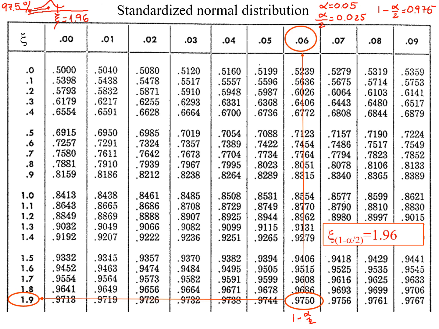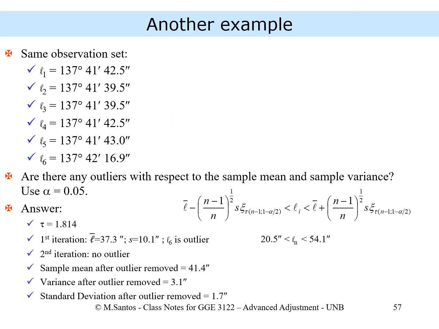Here we go, 1.96. Another example, same observation set. Now we are going to do the test using sample mean and sample variance, which means we have to compute those. So now we're using this statistical statement here.